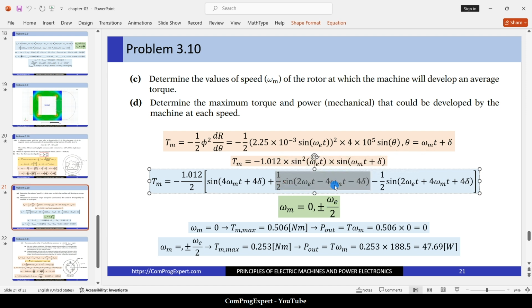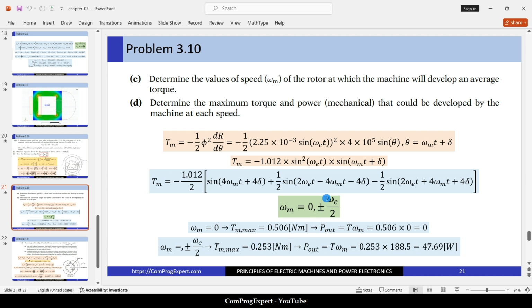when omega m is omega e divided by 2. In this case, the summation of these two terms becomes 0, and the average value is equal to sine of minus 4 times delta. The maximum torque in this case is 1 divided by 2 times this amplitude, which is 0.25 Newton meter.